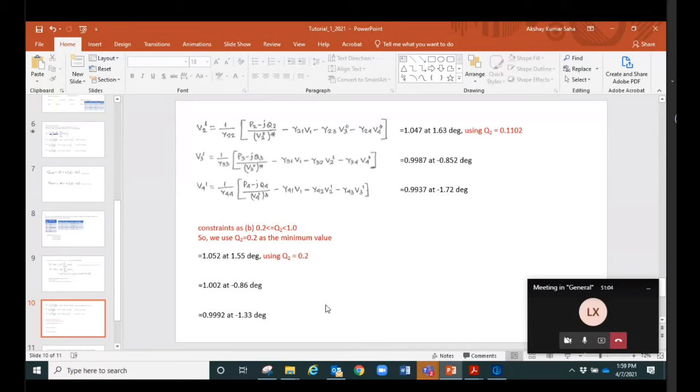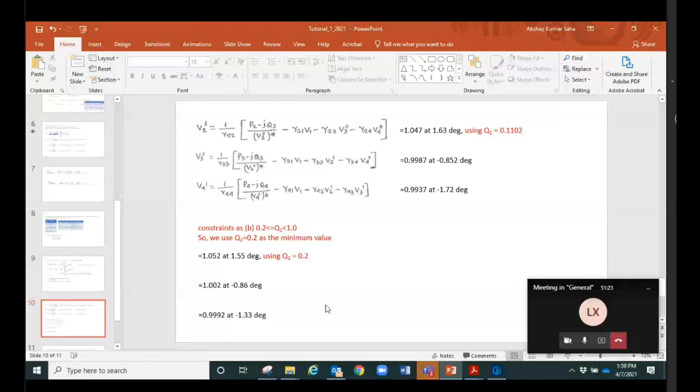We did not need the real power because we needed to know Q2. P was there, so we found Q2, and then we go back to the constraint and check it, and we find that it was within the limit. So we used that value that we calculated to follow the steps for calculating V2, V3 and V4.